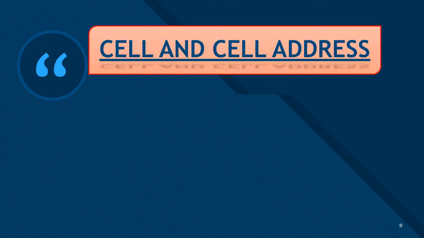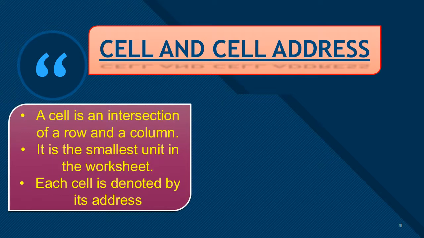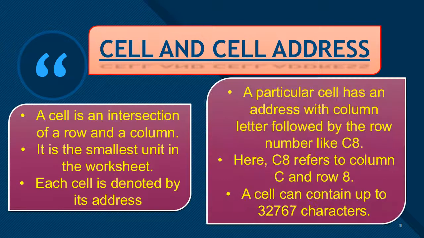Coming up another component, that is cell and cell address. A cell is an intersection of a row and a column. Where the row and a column intersect, that point of intersection is called as the cell. It is the smallest unit in the worksheet, and each and every cell is denoted by its address.